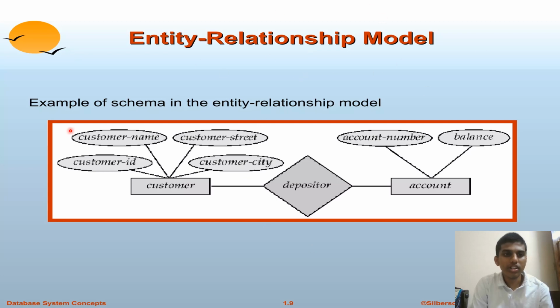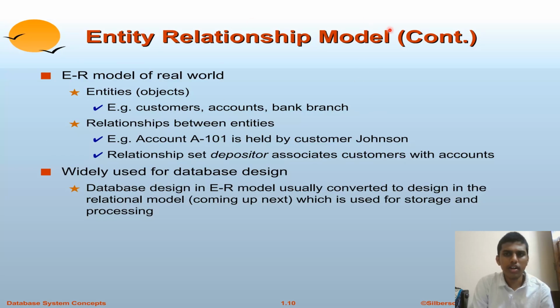So this is the entity relationship model. Example schema of entity relationship model. This is the schema diagram. This is an ER diagram of the entity relationship model. Entity relationship model means ER model of the real world. It consists of entities.